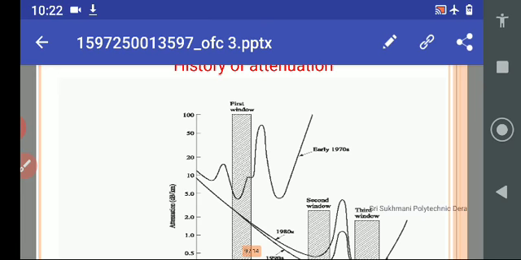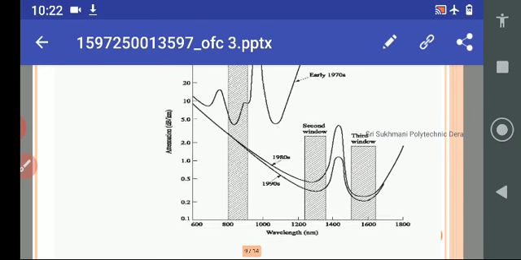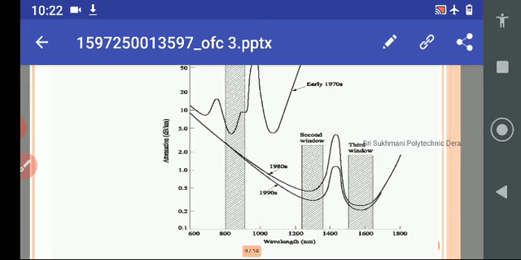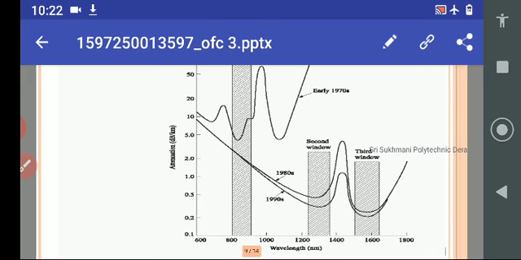So on the y-axis we are taking attenuation, which is measured in decibel per kilometer, and on the x-axis we are making use of the different wavelength range.